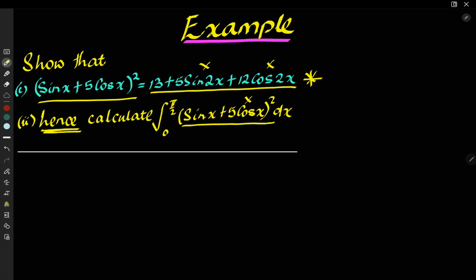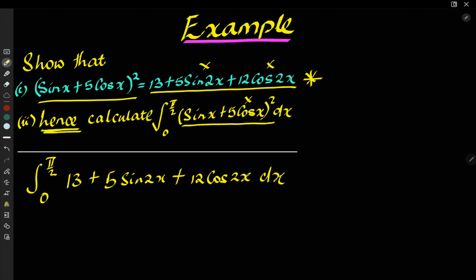Now, so we just replace that with the integral from 0 to pi over 2 of 13 plus 5 sine 2x plus 12 cos 2x dx. Now, then we know that the integral of 13 is very easy. So in this case, we do not put our constants here as well. So that would be 13x.